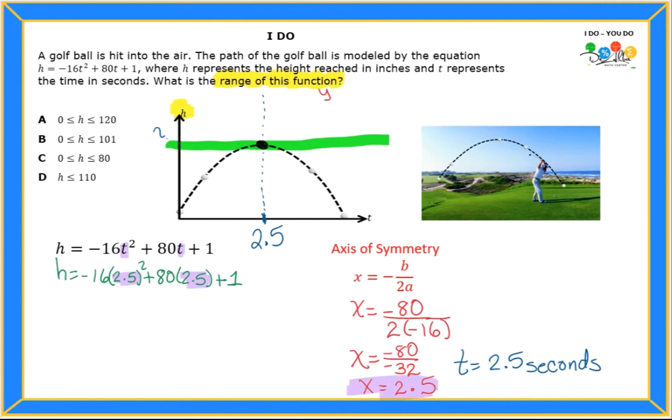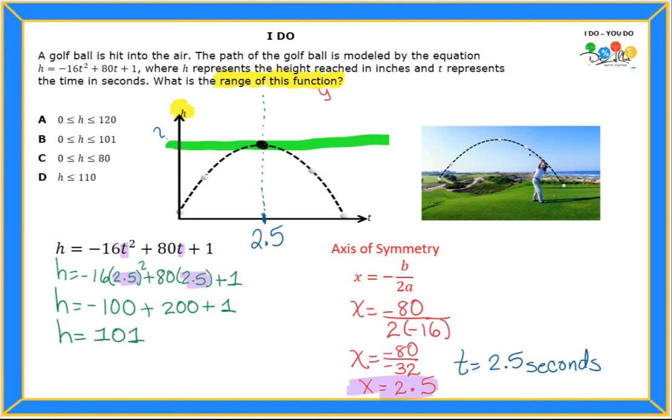Okay, so let's continue. Remember 2.5 is raised to the second power. So that's 2.5 times 2.5 times negative 16, and we get negative 100. And 80 times 2.5 is 200, plus 1. If I input that in the calculator, I get 101.